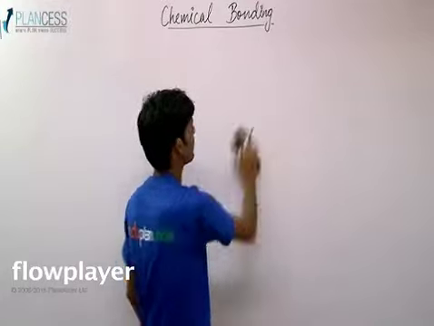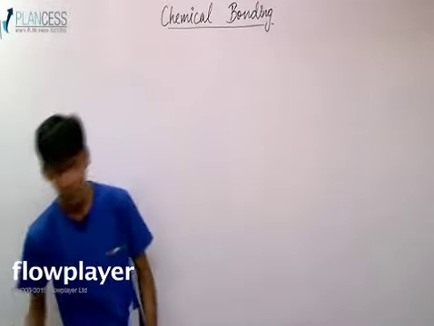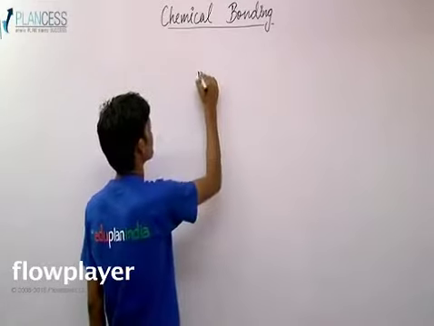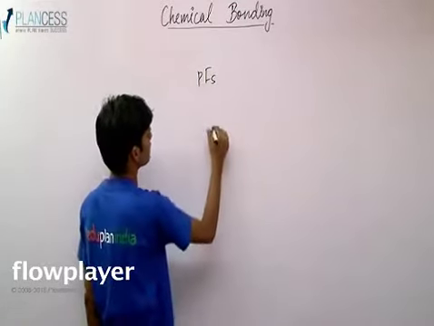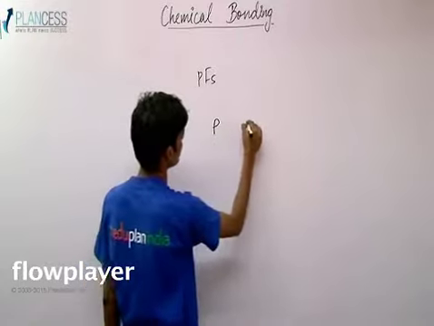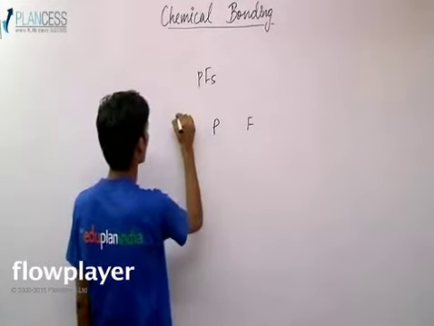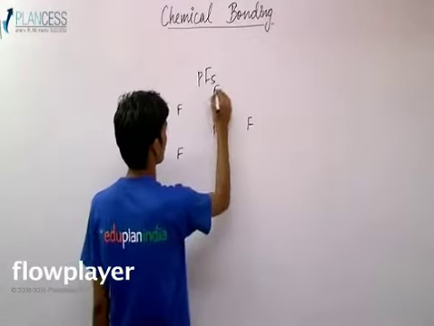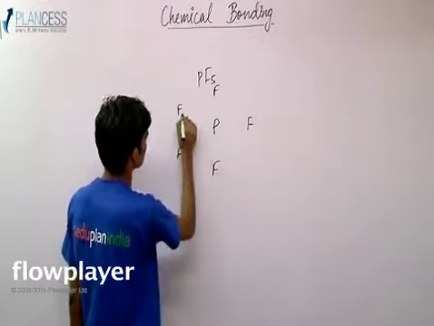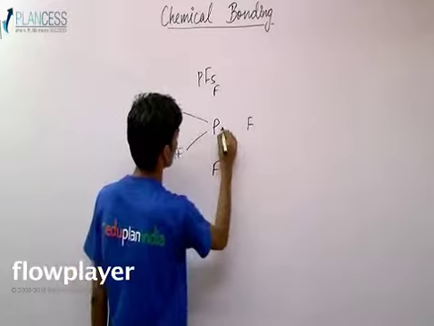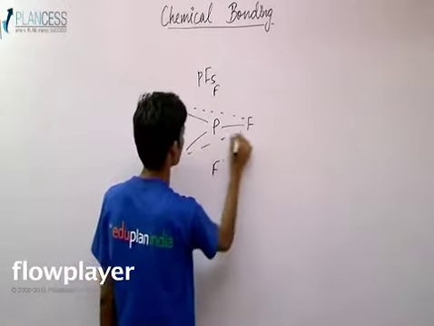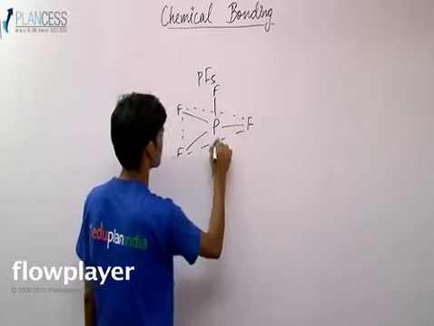For example, I will take a compound called phosphorus pentafluoride, PF5. If you look at PF5, it is something like this: it is surrounded by F here, F here, F here, 3 in the equatorial position and 2 in the axial position. So this type of bond is formed, and these 3 are planar, and this is axial and this is axial.